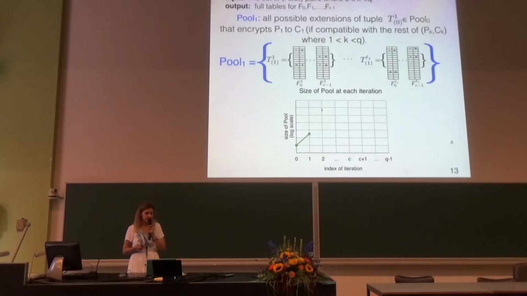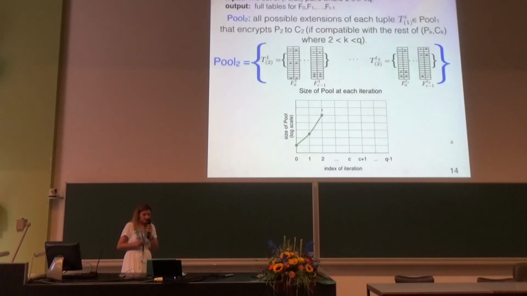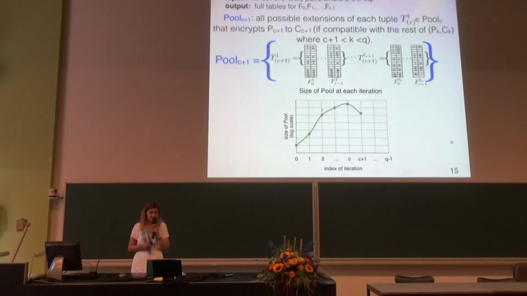It will get really big even in the first step, and for the third step, similarly, I will pick an arbitrary message ciphertext pair, call it P2, C2, and I will look for all possible extensions of the tuples that I have from the previous step that will encrypt P2 to C2, and I will also check if there is any compatibility issue with the rest of the plaintext ciphertext pairs.